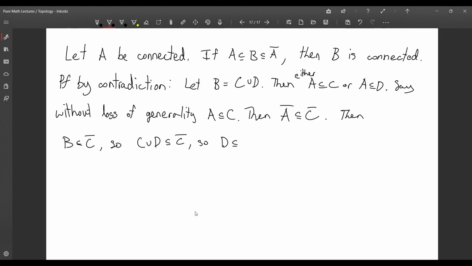And since C is contained in C closure, this must mean that D is contained in C closure, which is a contradiction, right? Because C and D are open and disjoint, so D and C closure are also disjoint.